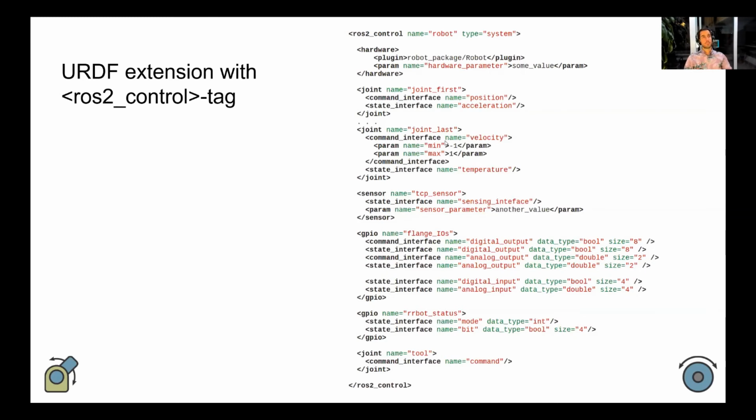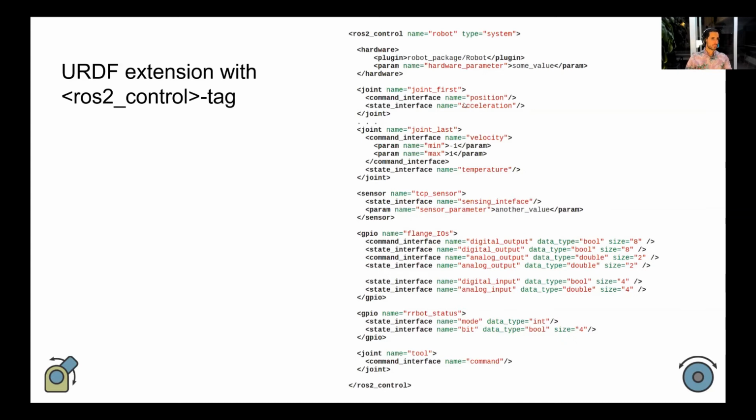So you can add a lot of parameters here. There is one nice example on the UR robot, which I will talk about later, where there are 10 to 15 parameters with different things. You can put anything you want here. Then you define each of your joints with their command and state interfaces. They can be mixed as much as you want.